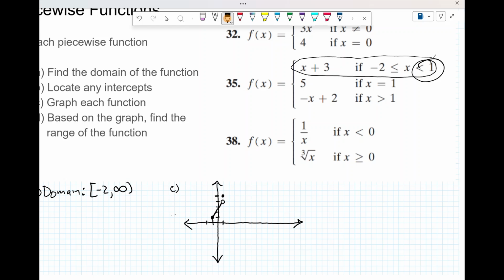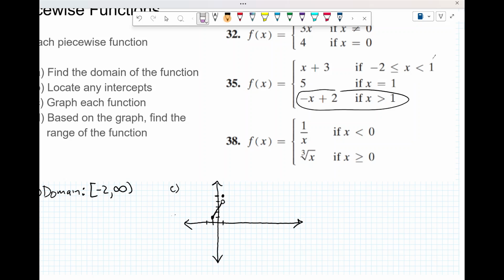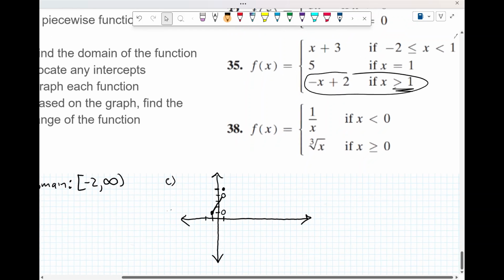And I'm actually going to plug in 1 first. So when I plug in 1 into this, I get negative 1 plus 2, which would be positive 1. But again, I'm not including this, so I am going to graph it as an open circle here as well. So that would be 1, 1.